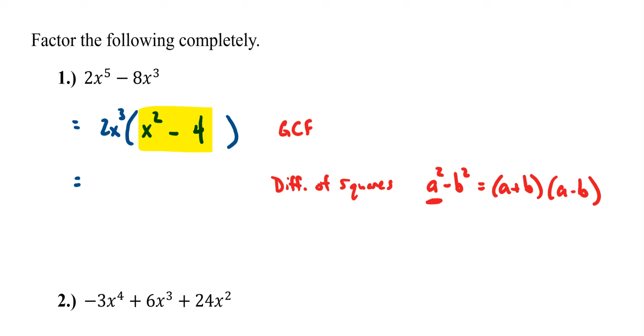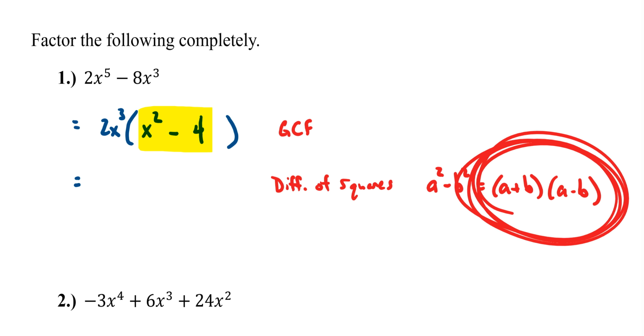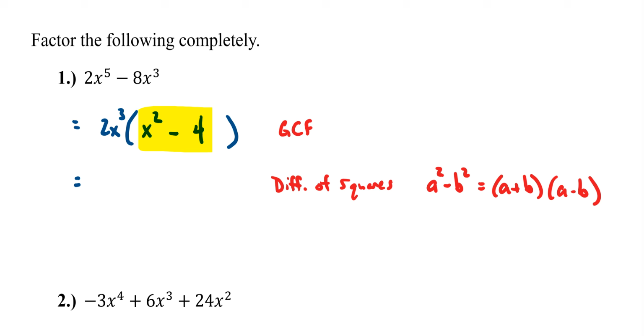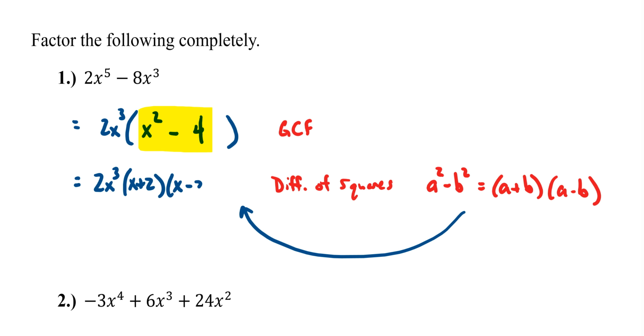Essentially, you take the square root of a, the first one, the square root of the second one, and then you do plus, minus, and these are conjugates. A plus b and a minus b are called conjugates of each other. Same 2 terms, one's addition, one subtraction. So rewriting the 2x cubed right out front, when we factor using difference of squares for x squared minus 4, this is going to factor to x plus 2 times x minus 2, and then we are done.